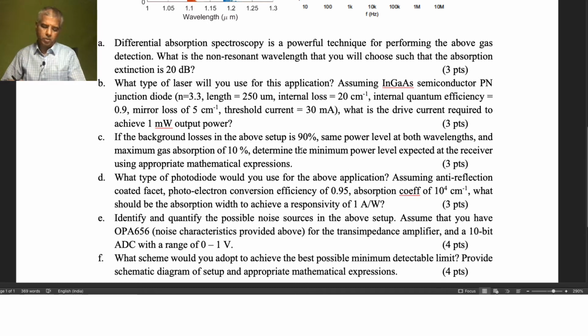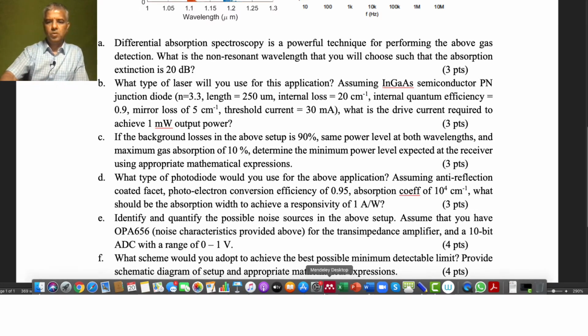So the question is: what is the minimum power level expected at the receiver using an appropriate mathematical expression? We already looked at some of those expressions, so let's go back here and see how this is going to work out.